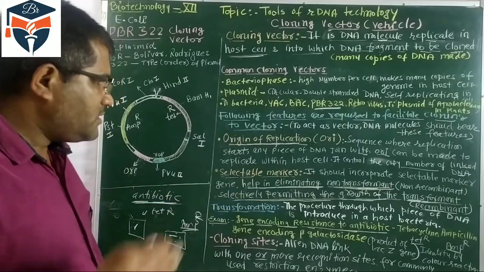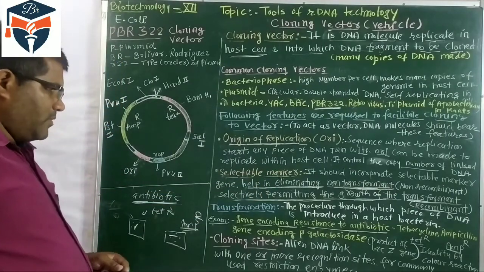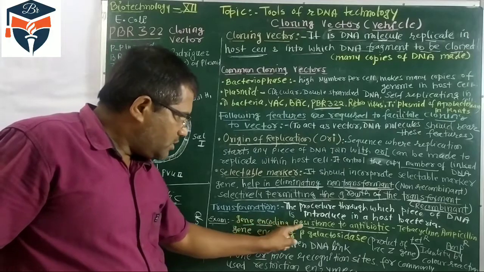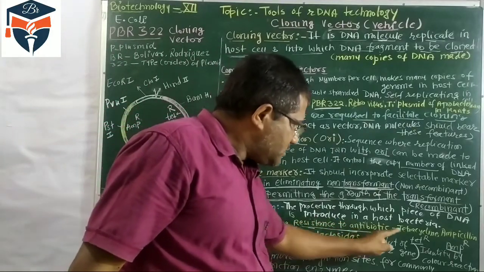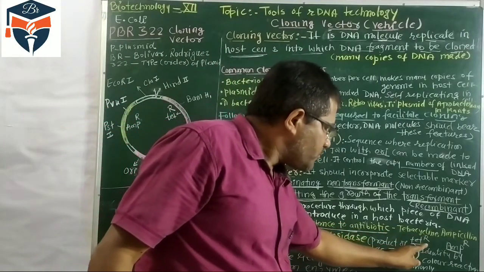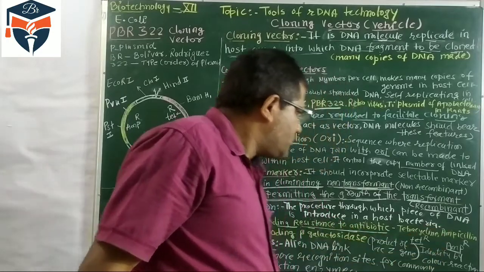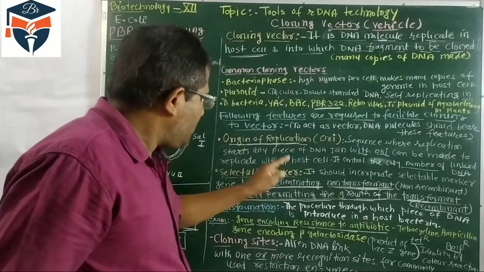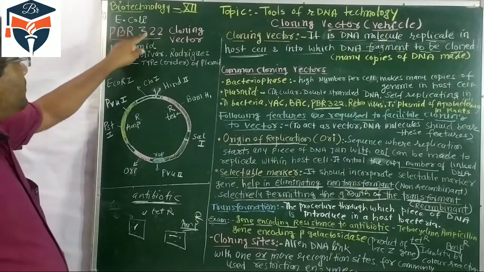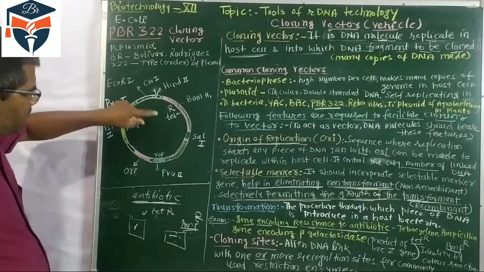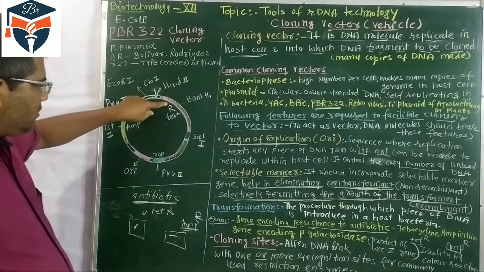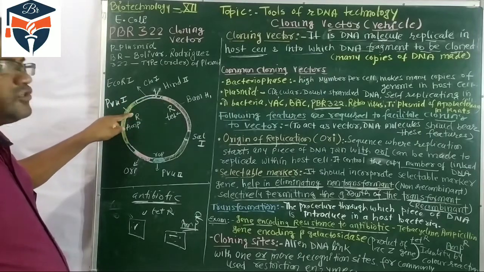Furthermore, genes encoding resistance to antibiotics such as the tetracycline resistant gene and ampicillin resistant gene are the selectable markers. In pBR322 you will see the tetracycline resistant gene and ampicillin resistant gene.